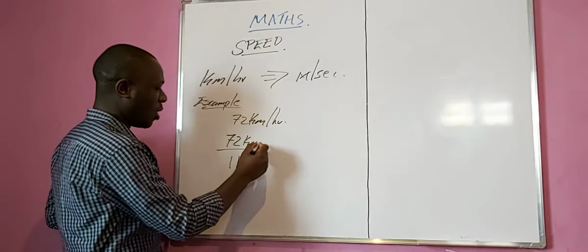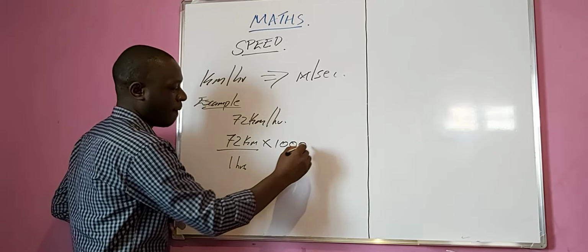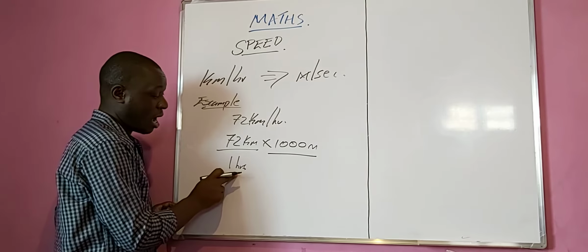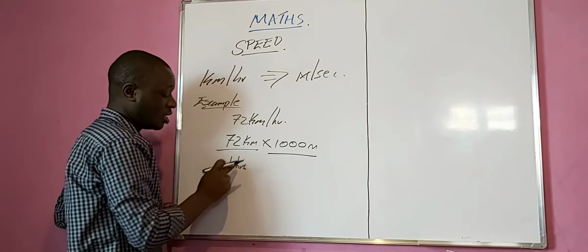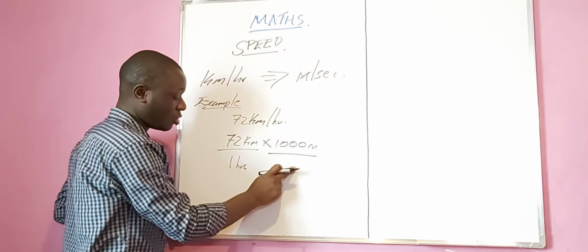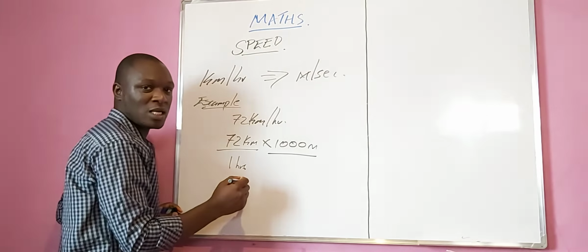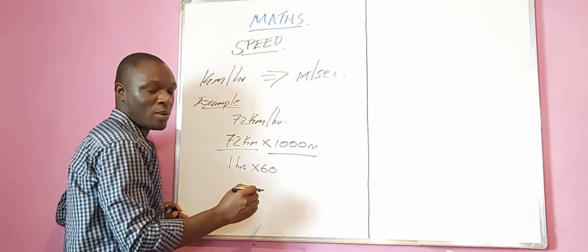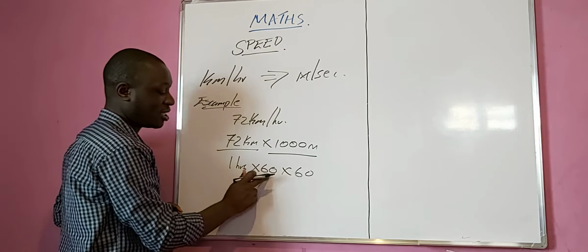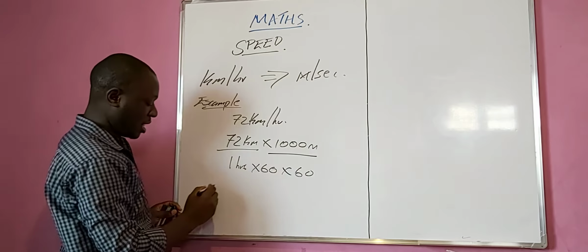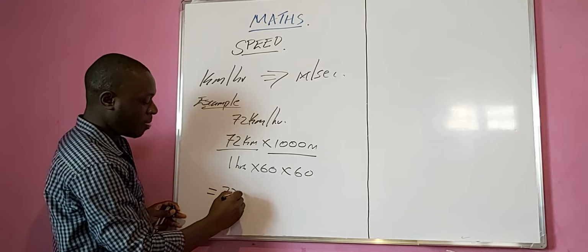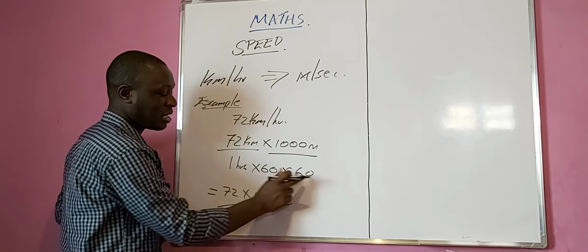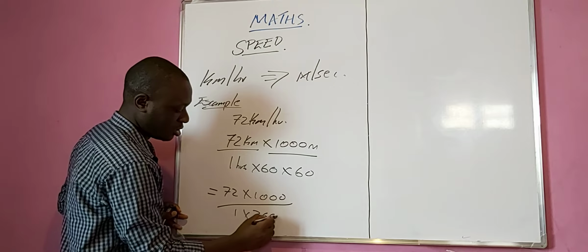Good, 1,000 meters. Now this 1 hour we have to change into seconds. So we take it to minutes, from minutes to seconds. How many minutes make 1 hour? That is 60. Good. How many seconds make 1 minute? 60. So we have 60 by 60. In other words, we have 72 times 1,000 over 1 times 60 times 60, that is 3,600.